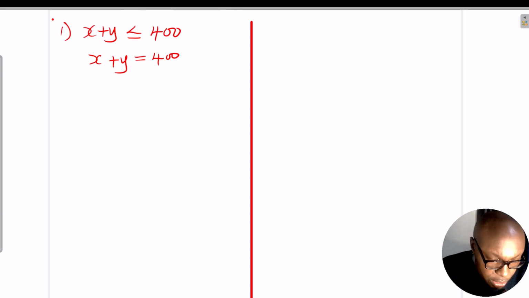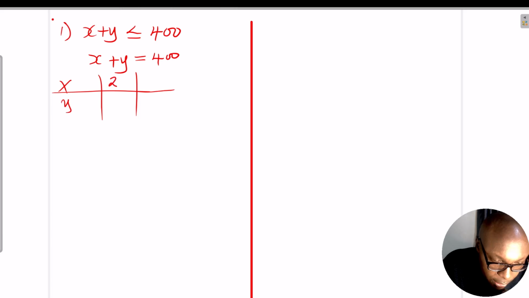We are going to use at least 2 points to draw that line. I'll use 2, but you can use a third one for confirmation. For example, when X is 200, Y will be 200. If you substitute, when X is 0, then Y will be 400.